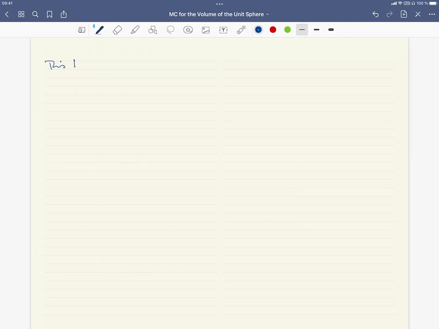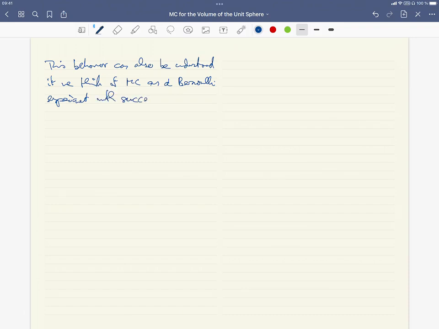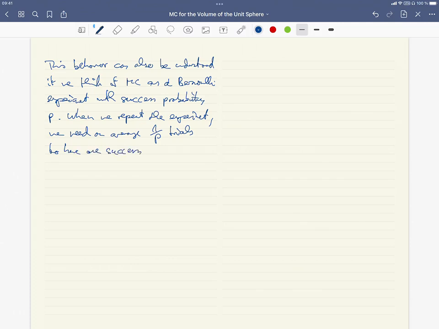And so that's what I want to write down in a remark. This behavior can also be understood as a Bernoulli experiment. If we think of Monte Carlo as a Bernoulli experiment with success probability p, which here is really small, and we repeat this experiment, we need on average 1 over p trials to have 1 success, so 1 point inside the unit sphere.